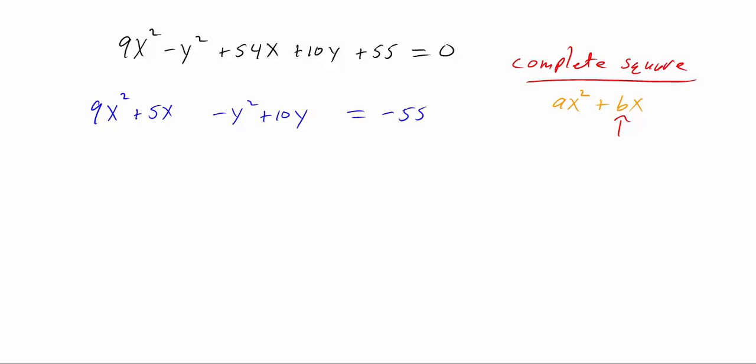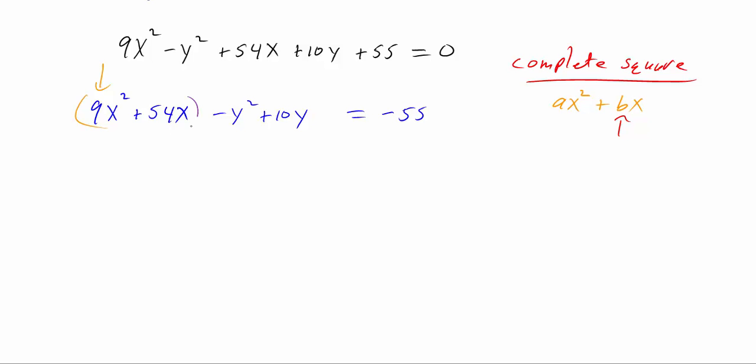Now in order to complete the square, we look at this first 9x squared plus 54x, and we need the coefficient of the x squared, which in this case is 9, to be a 1. And I didn't copy this down correctly, this should be plus 54x.